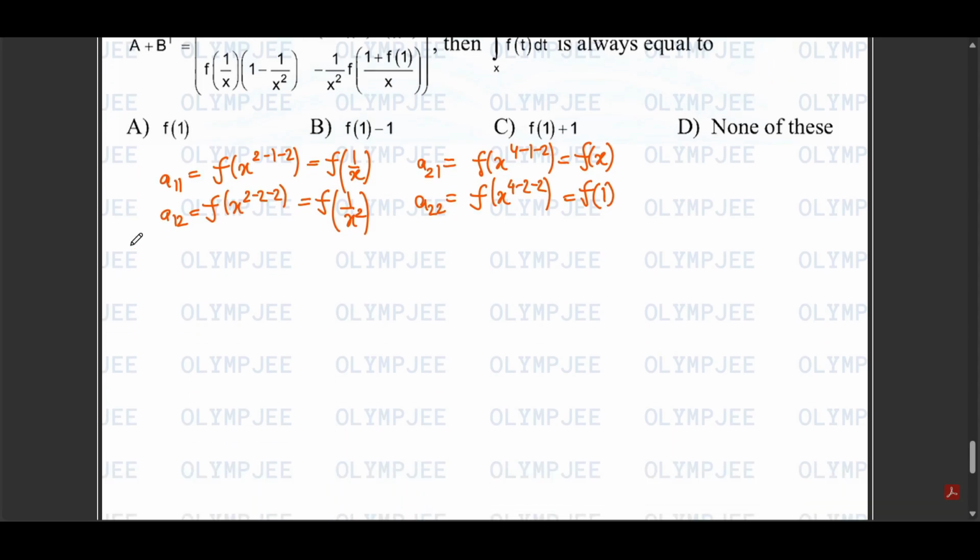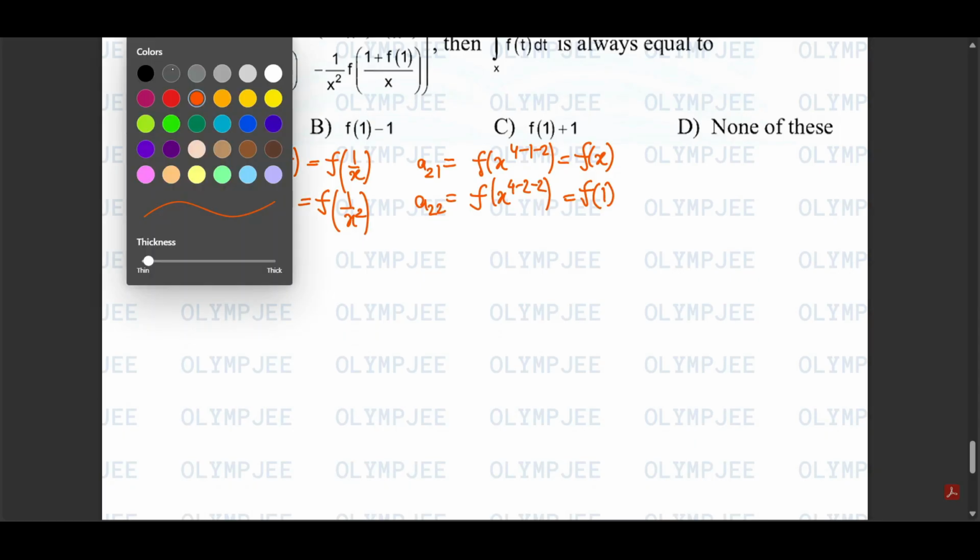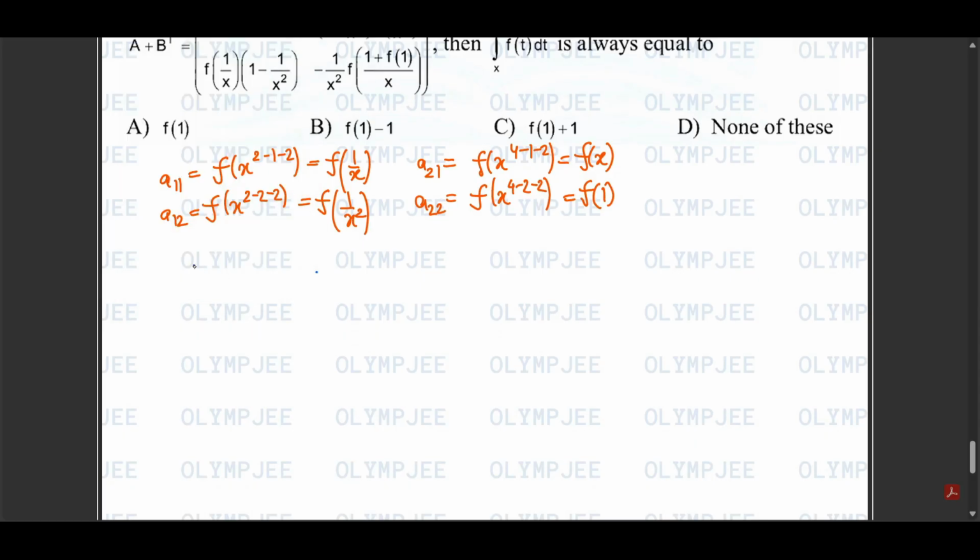So A matrix will become f of 1 by x, f of 1 by x square, f of x and f of 1.